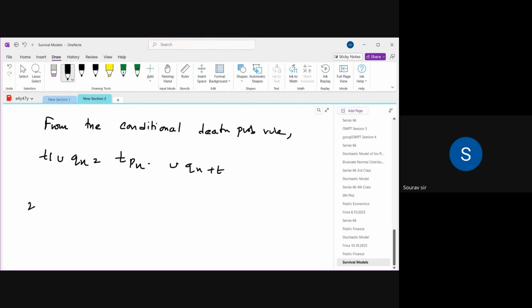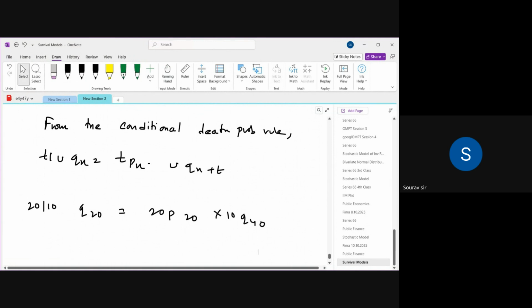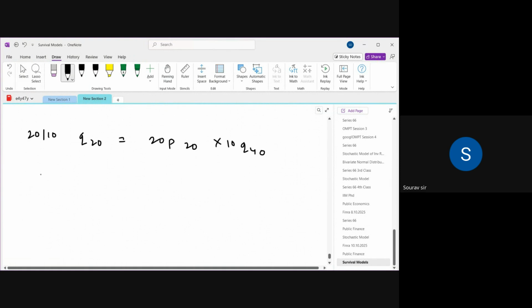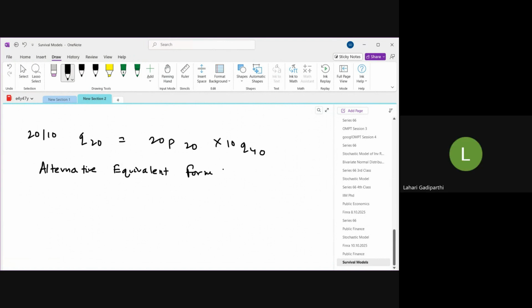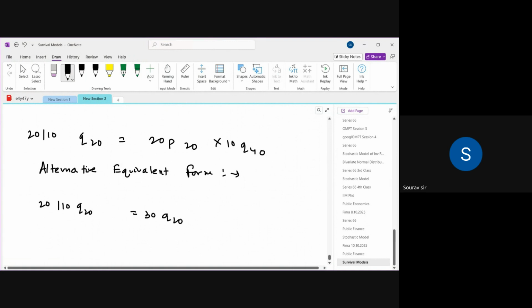Okay. So 20|10q20 is 20p20 multiplied by 10q40. So alternatively, 20|10q20 is 30q20 minus 20q20.